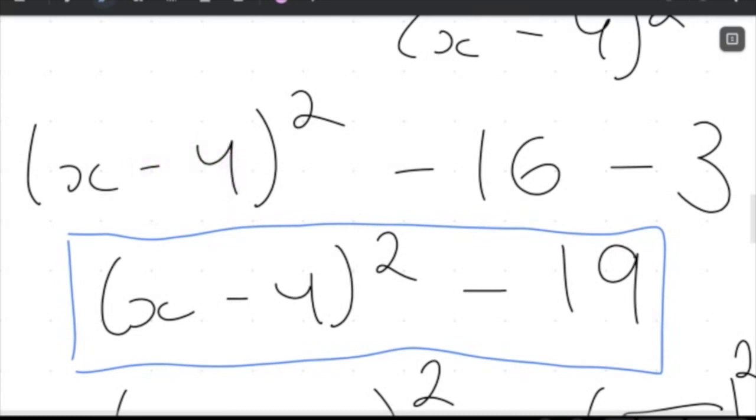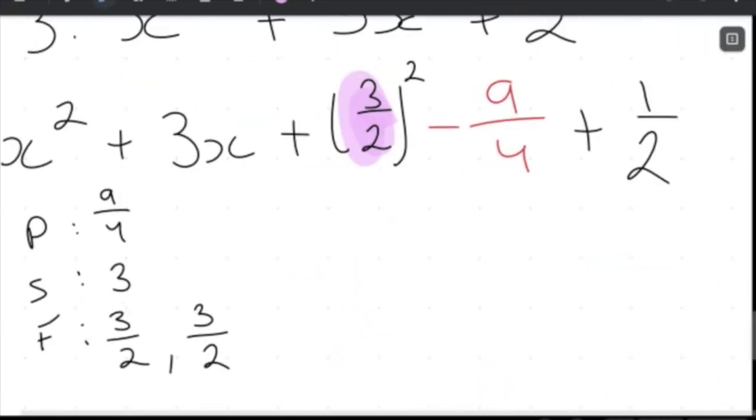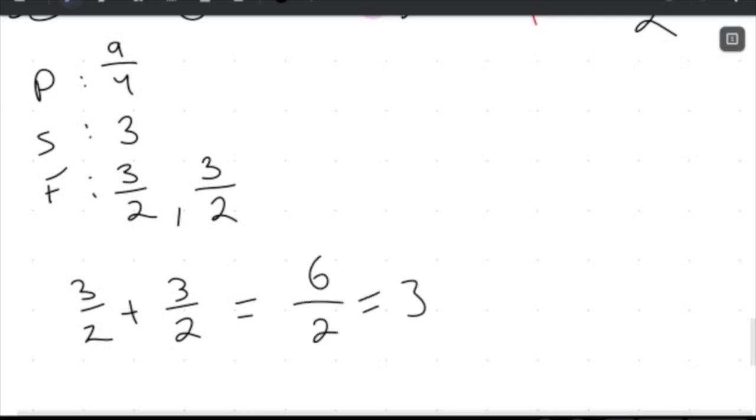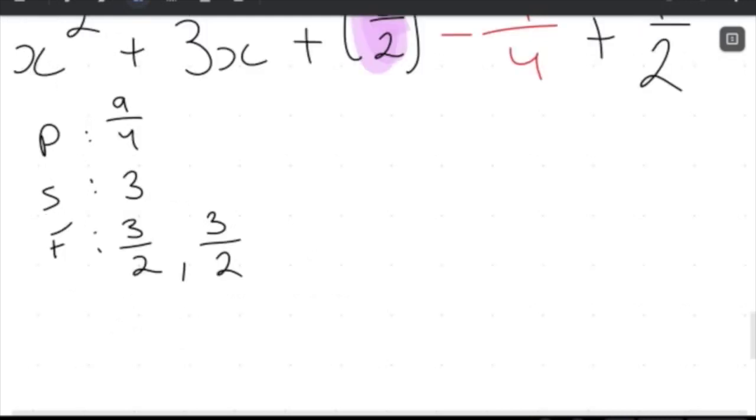That became my other term. Now, just checking these, multiplying 3 on 2 by 3 on 2, I'm going to get the numerators multiplying to give me 9, the denominators multiplying to give me 4, and adding these together, that's going to give me 6 on 2, which equals 3. So it also addresses the sum part as well.